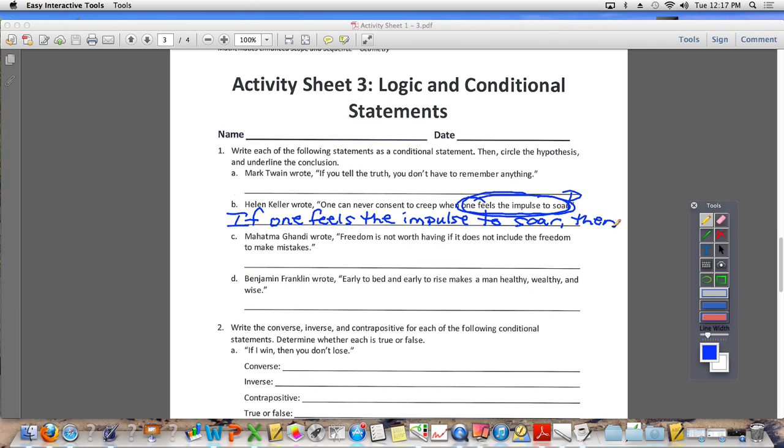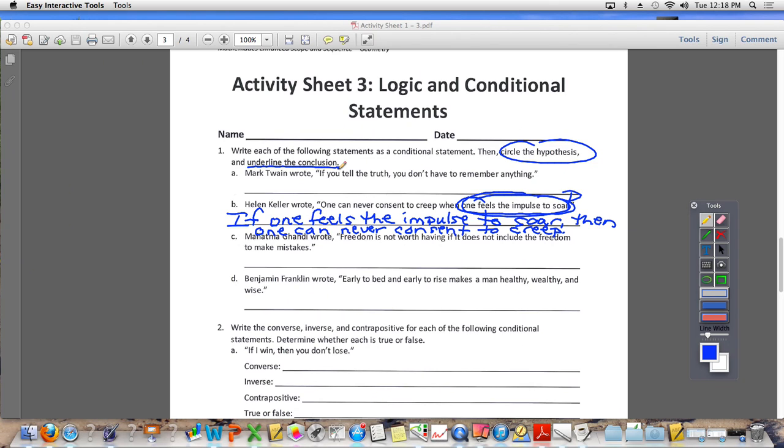If one feels the impulse to soar, then one can never consent to creep. So a little awkward there, but still you have to go through the directions. You are supposed to circle the hypothesis, you are supposed to underline the conclusion. So go ahead, circle the hypothesis, underline the conclusion, in your if-then statement.